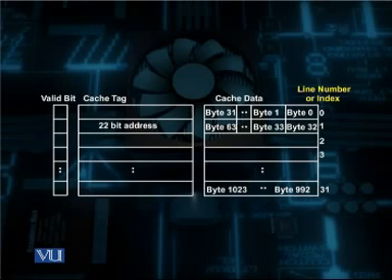This memory is divided into blocks of 32 bytes each, and is associated with a cache of 1K byte. The cache is also divided into 32 lines or blocks, each of 32 bytes.